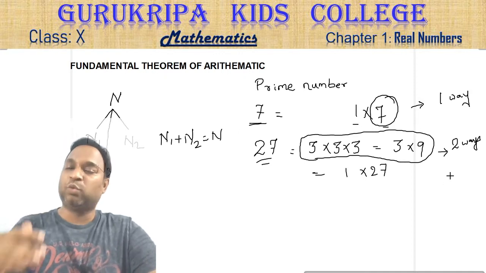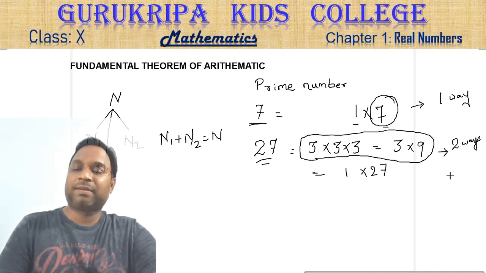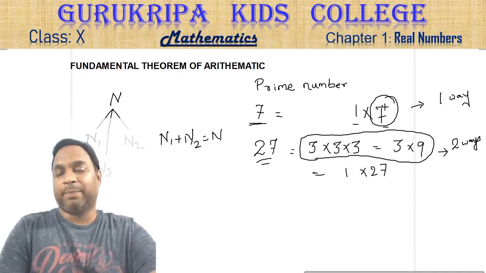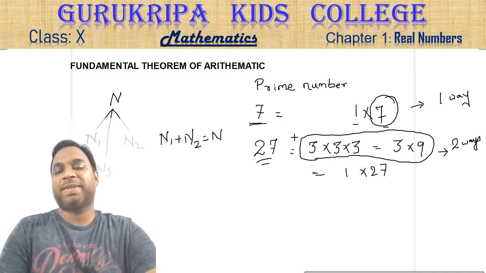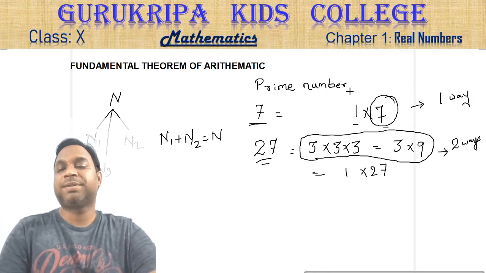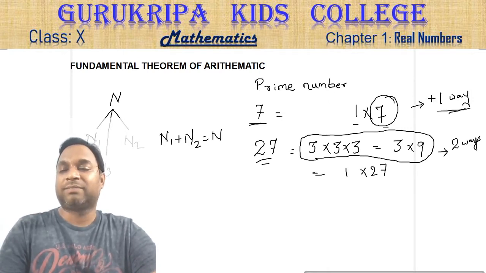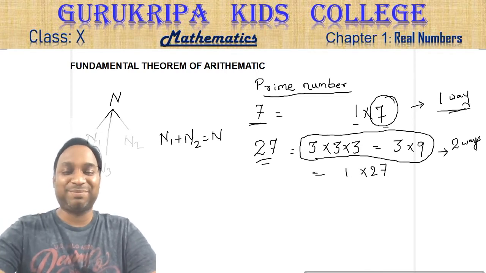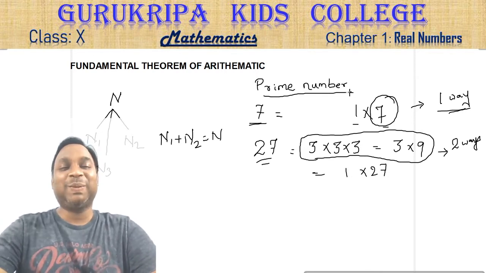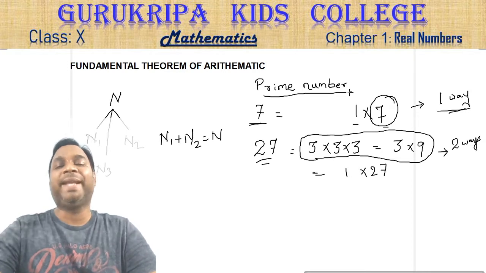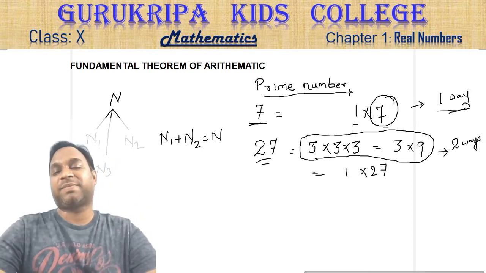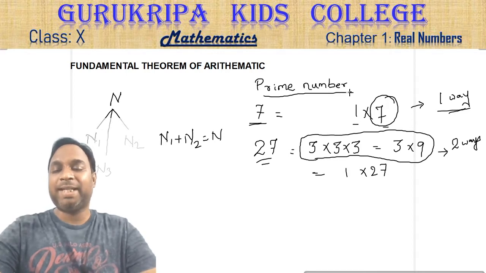So the number which cannot be expressed as a product of other numbers in more than one way is called a prime number. Of course, you all know it. What is a prime number? You cannot express it as a product of any other number. A prime number cannot be expressed as a product of any other number.